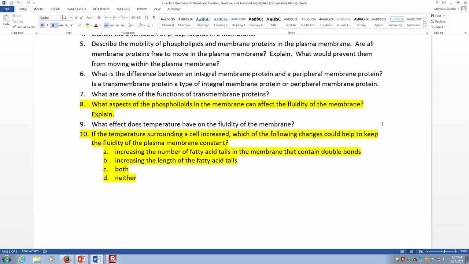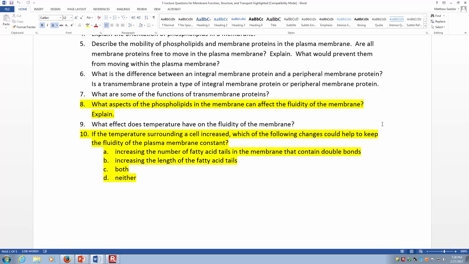The amount of carbon double bonds, and the length of the tail. The more double covalent bonds between carbon atoms you have, the more fluid the membrane is. The second aspect is the length of the tail: the shorter the tails, the more fluid the membrane.